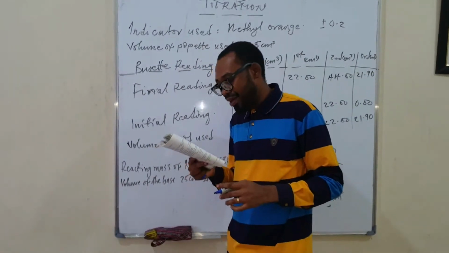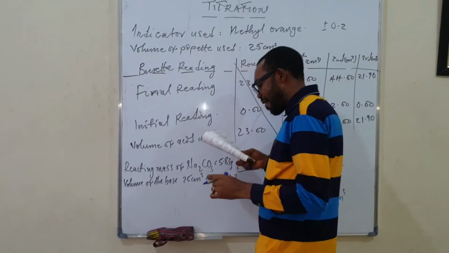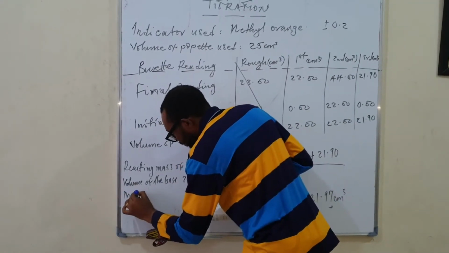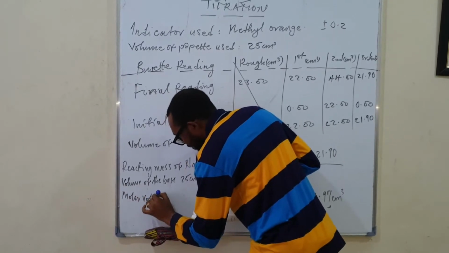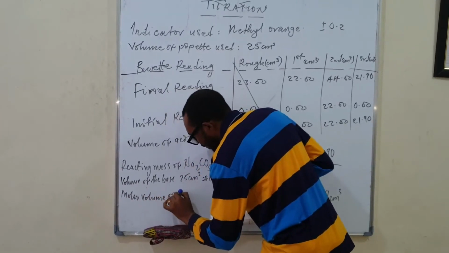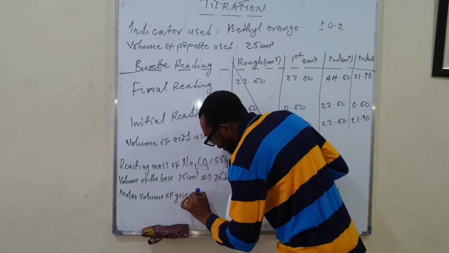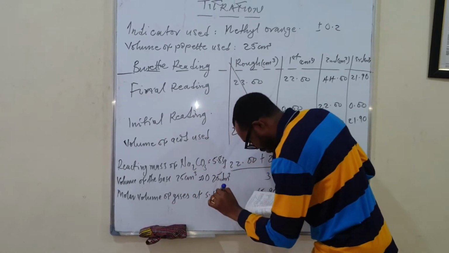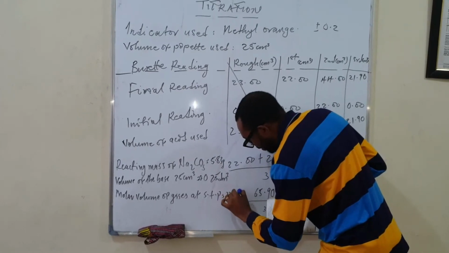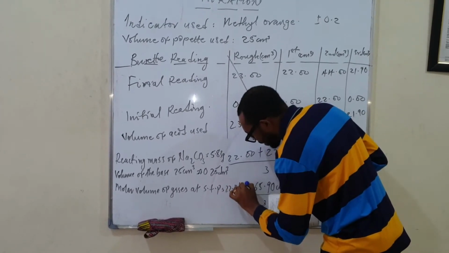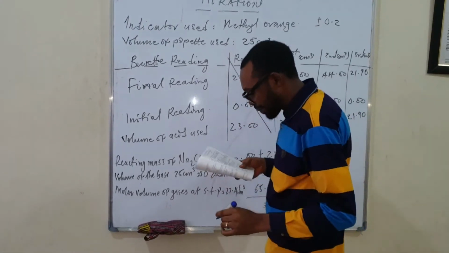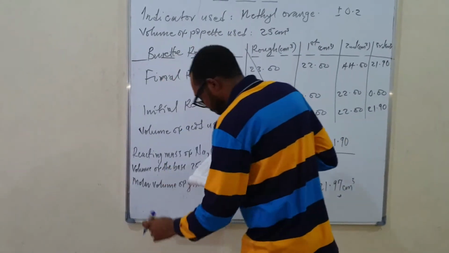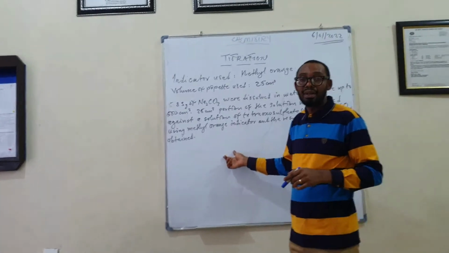And then we are also given the molar volume of gases at STP equals 22.4 dm³. And then what else? We're given the relative molecular mass, the relative molecular mass for hydrogen.